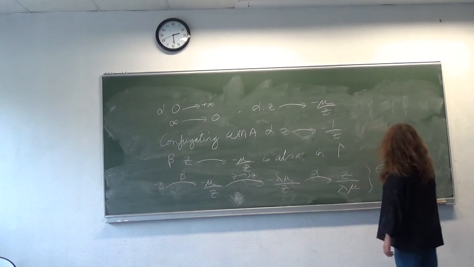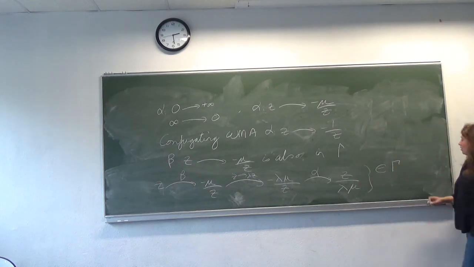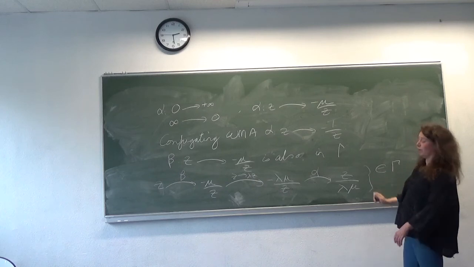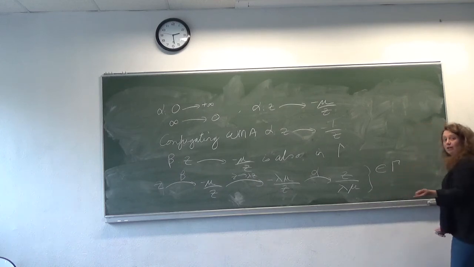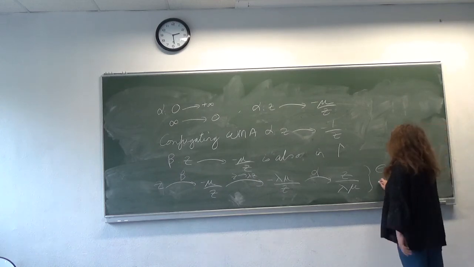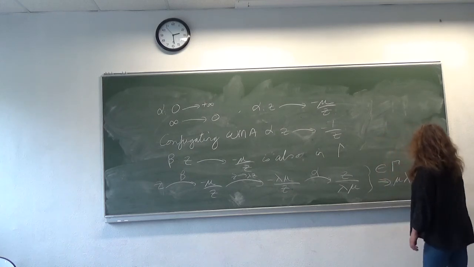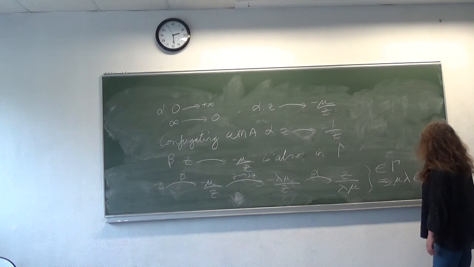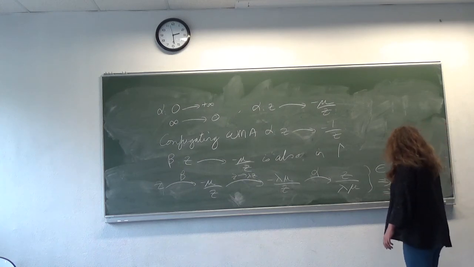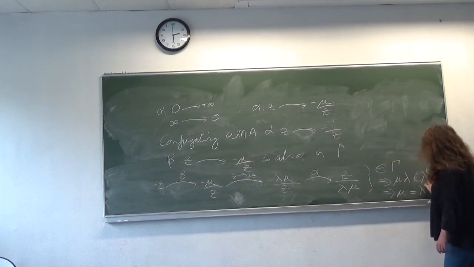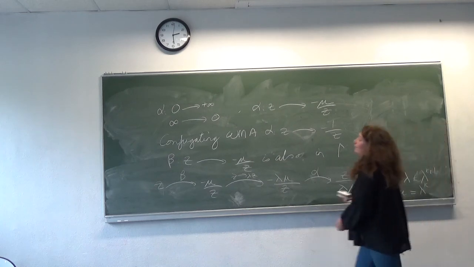And this is contained in gamma. Now, I know that the hyperbolic elements of gamma are all of the form z goes to lambda to the power n, so this tells me that mu lambda is of the form lambda to the power k plus 1, and therefore mu is an integral power of lambda.